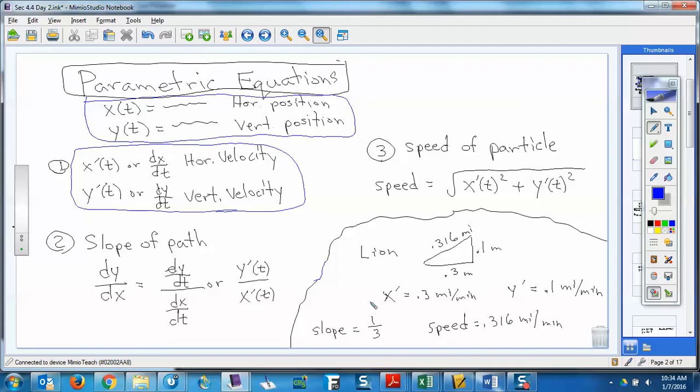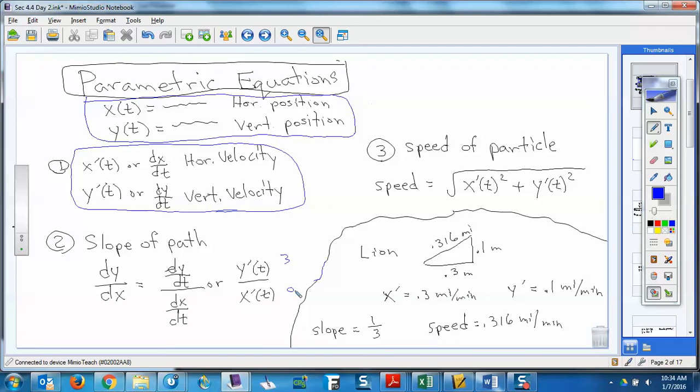What happens if it's the other way around? What if X prime is 0 but Y prime's not? What if this was like 3 over 0? That's undefined. What would that look like if Y prime is 3 but X prime is 0? It's going straight up.